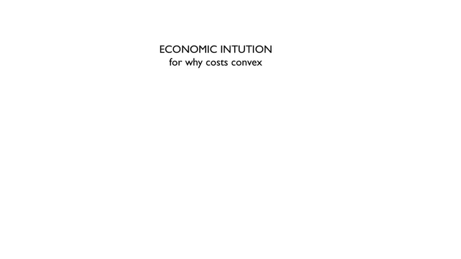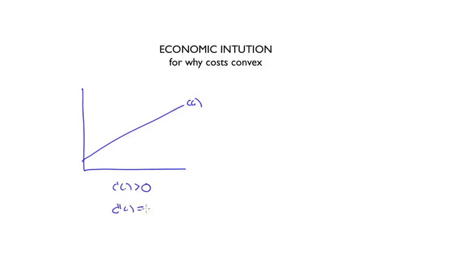The intuition for why the costs are convex in many economic problems is very analogous to the case of the concavity of the benefit function, so we can go through it a little bit faster than before. Consider first a cost function that looks like this. This is a case in which the cost function has the first derivative being greater than 0 and the second derivative being equal to 0.